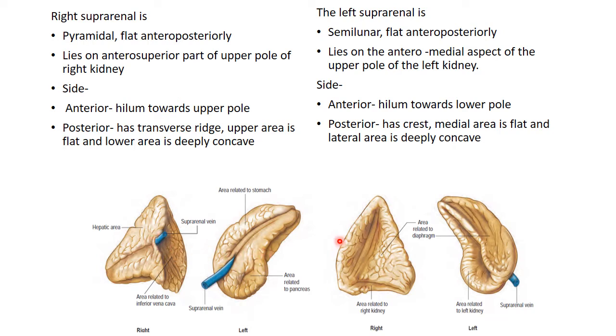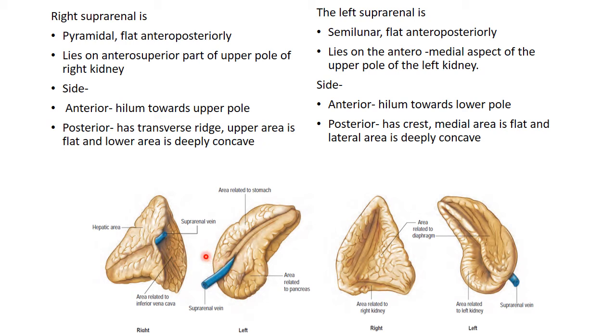This one is pyramidal, this one is semilunar in shape. Both of them are flat anteroposteriorly and they lie on the anterior superior part of the upper pole of the kidney. This is the part which will be related with the right kidney. This is the part which will be related with the left kidney.